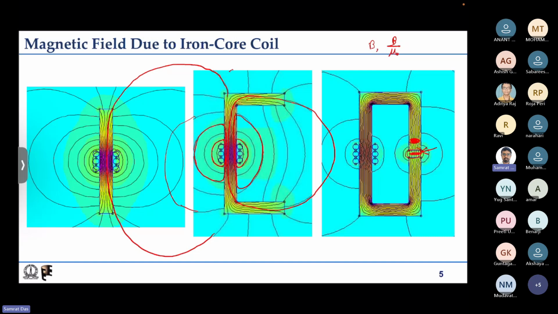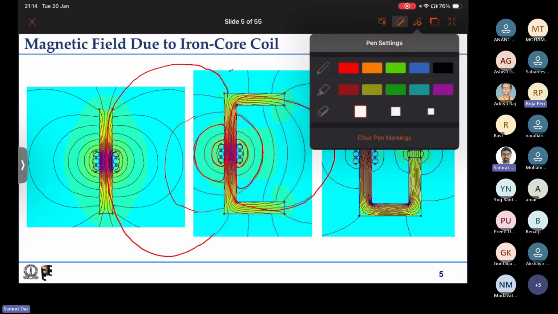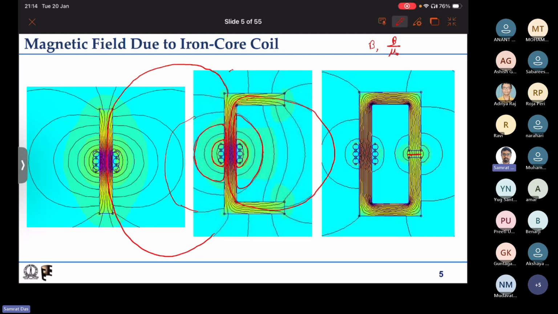Similarly in this case with a small air gap, somehow we can define the area to be equal to the iron core, or we can introduce some factor that takes care of fringing, and define some increased area of the air gap. But those are all approximations that we are doing for simplicity of calculation. When the air gap is bigger, we have no way of defining the effective area of the air gap.